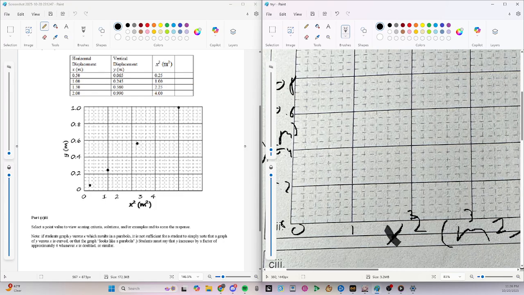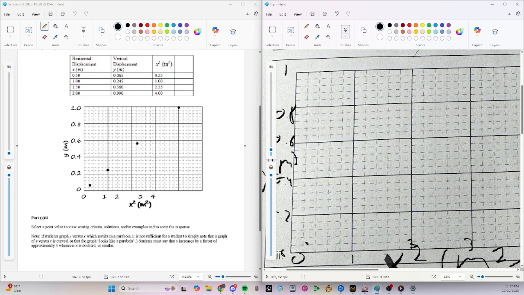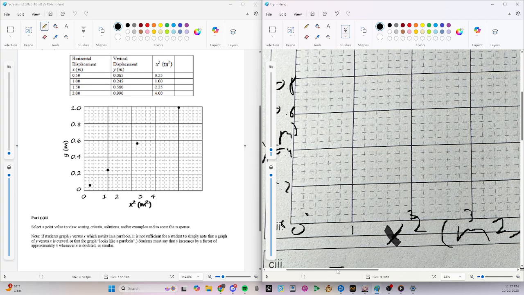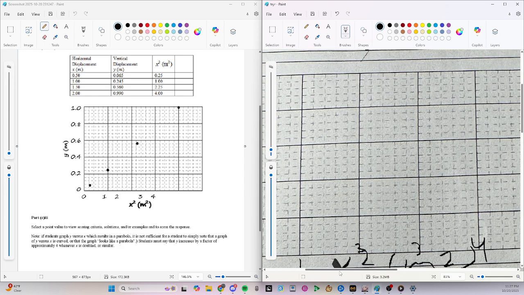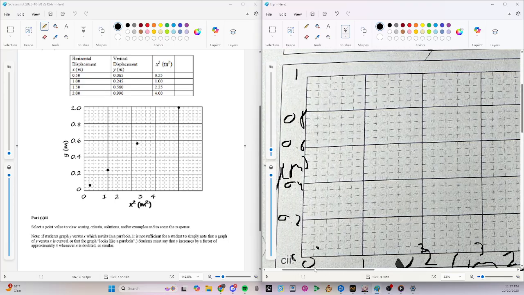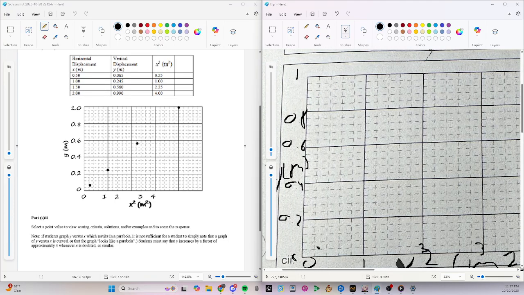So it's 0.25, about 0.2, 0.4, so it's right here. And then 0.065, so it's right here. The next number is 1.25, so it's about right here.